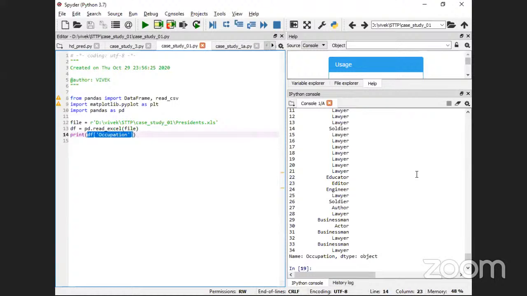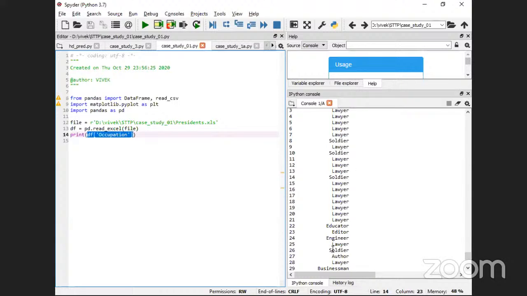You can see that it has listed the presidents along with their occupations: lawyer, businessman, actor, soldier, engineer, educator, lawyer, and so on. So you can extract the presidents based on their occupation.